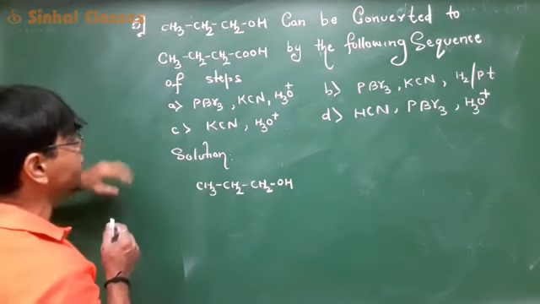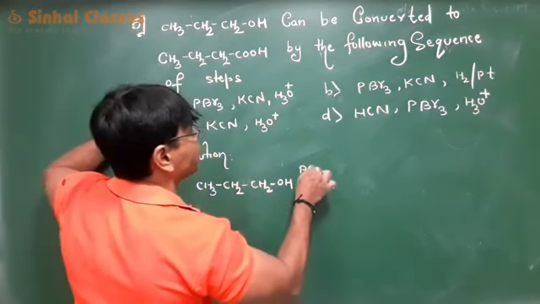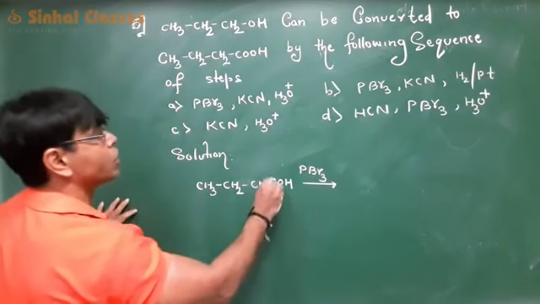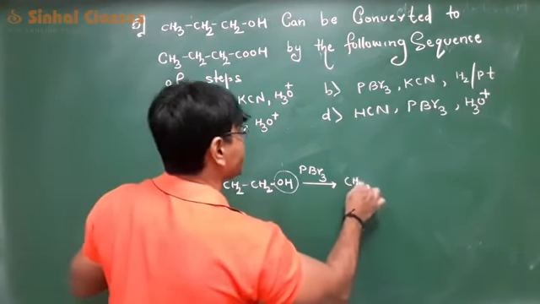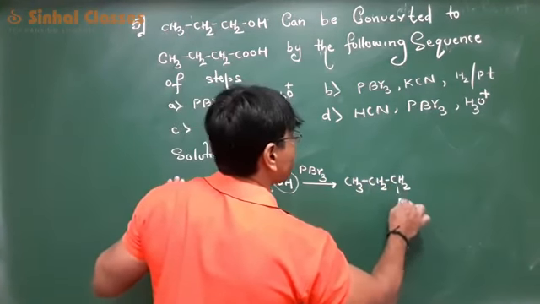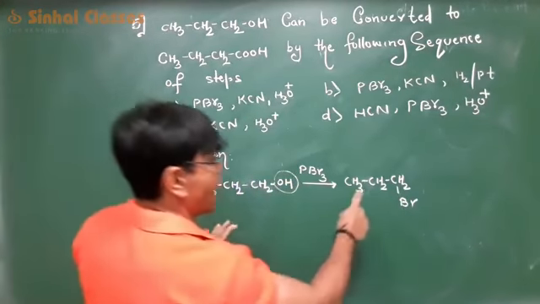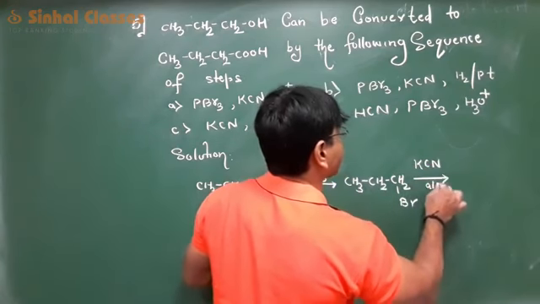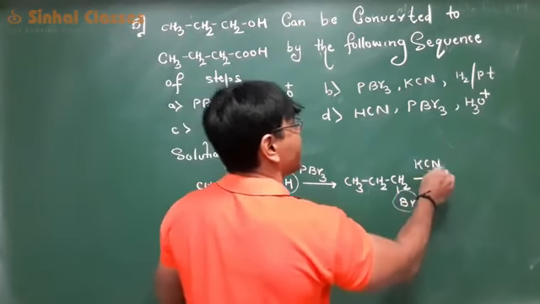So let's check it out with the first option. If I treat it with PBr3, this OH will be replaced by bromide. So we'll get CH3CH2CH2Br, that is 1-bromopropane. After this, if I treat it with alcoholic potassium cyanide, this Br will be replaced by CN.